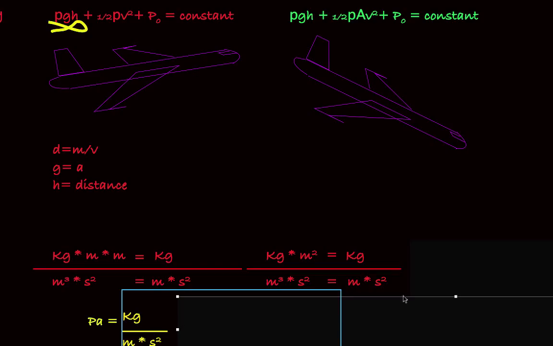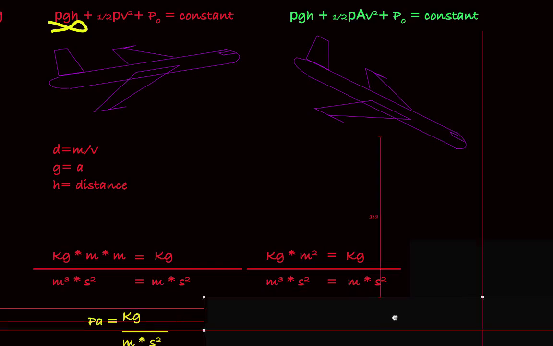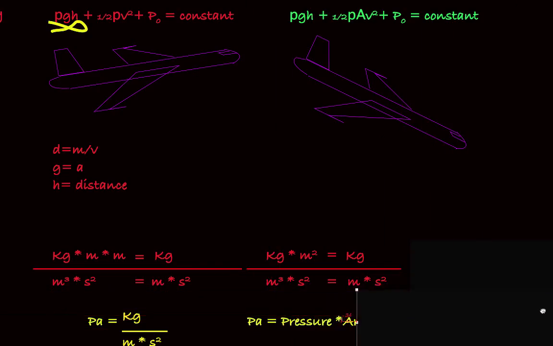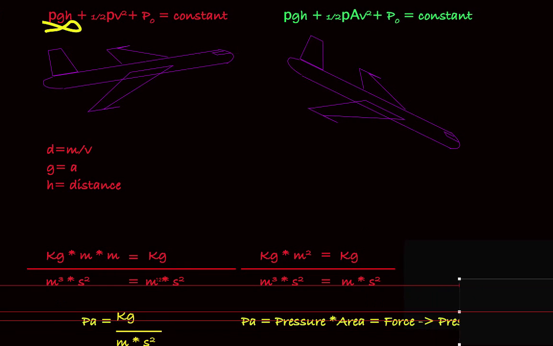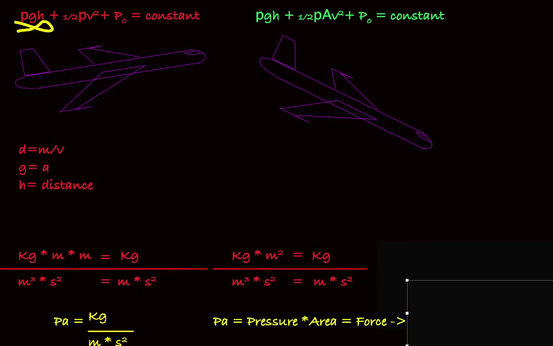A meter squared on top is just an area. So that means that pressure times area is equal to force. So if you apply pressure over an area, that will be translated into a force.